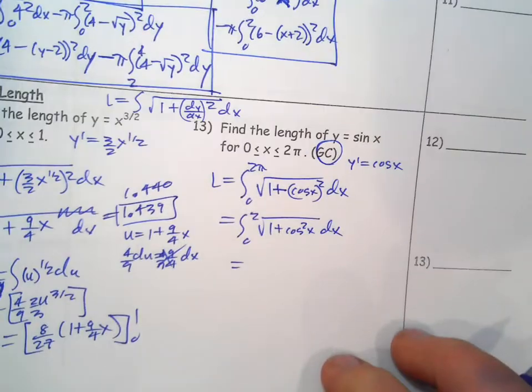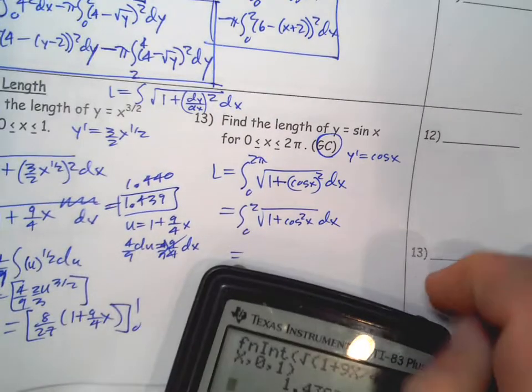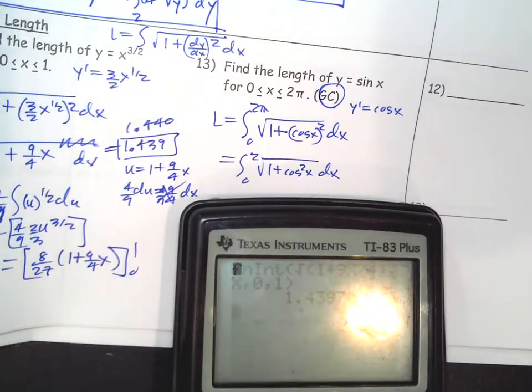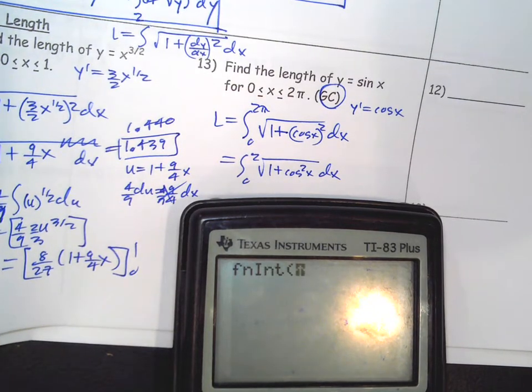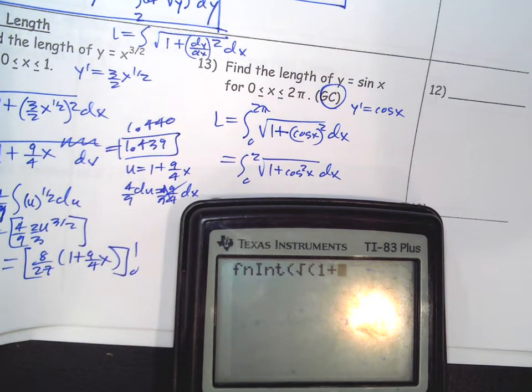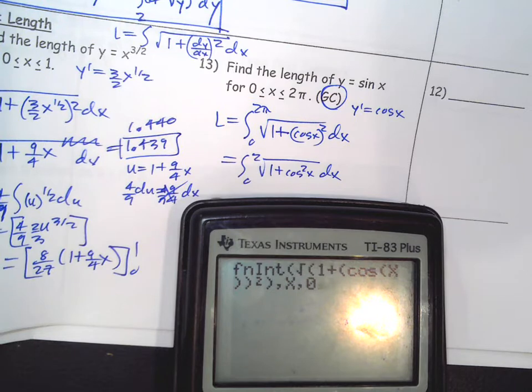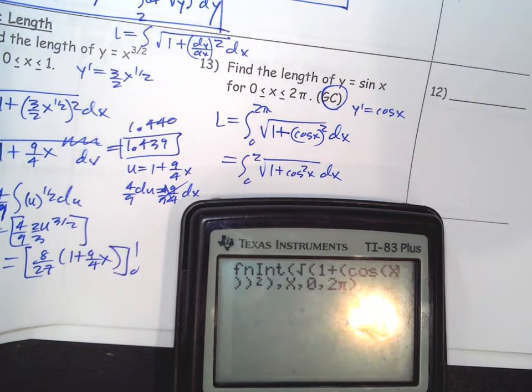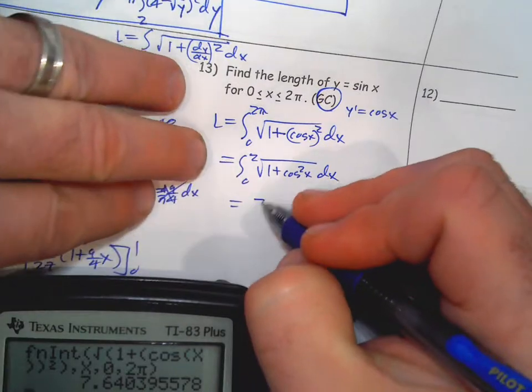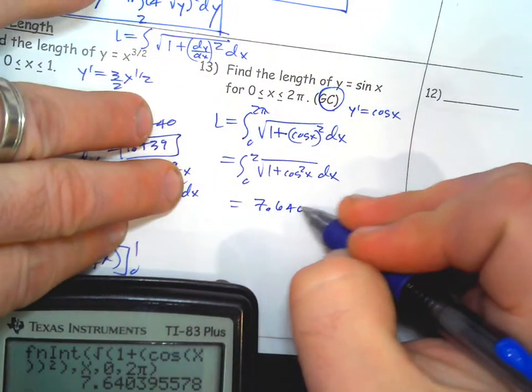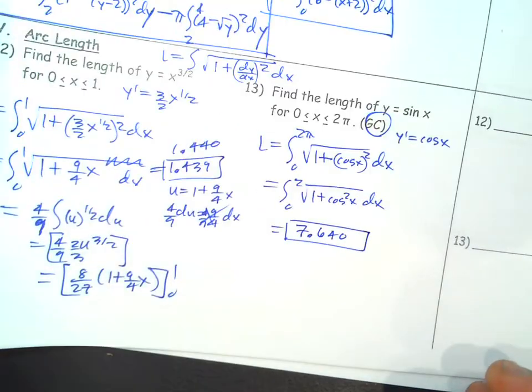And then we're going to do it on a graphing calculator. So math 9, square root 1 plus, parentheses, cosine x, close, squared, close, comma x, comma 0, comma 2 pi. 7.640. So show your setups.